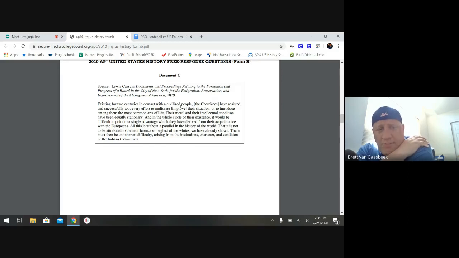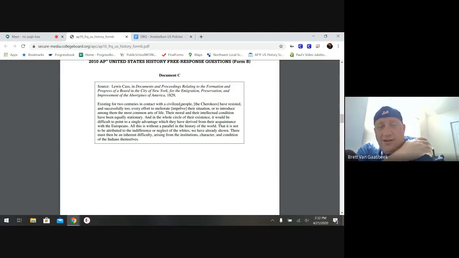All this is without a parallel in the history of the world. That it is not to be attributed to the indifference or neglect of the whites, we have already shown. There must then be an inherent difficulty arising from the institutions, character, and condition of the Indians themselves.